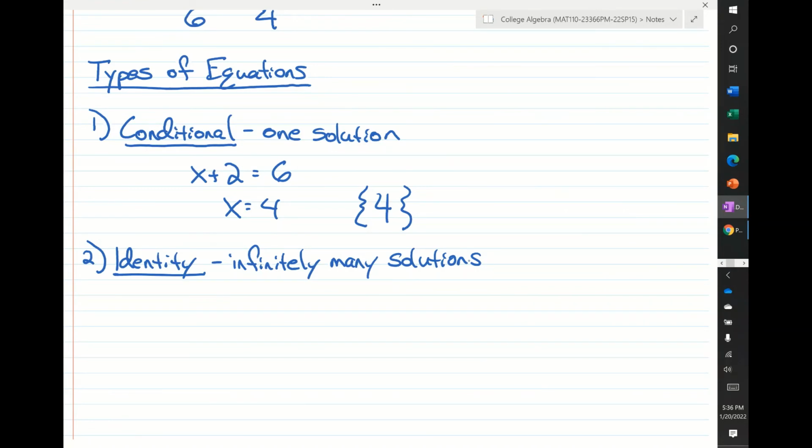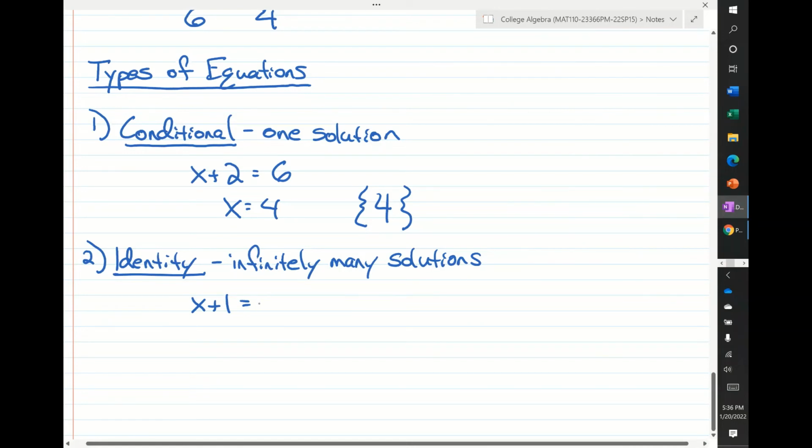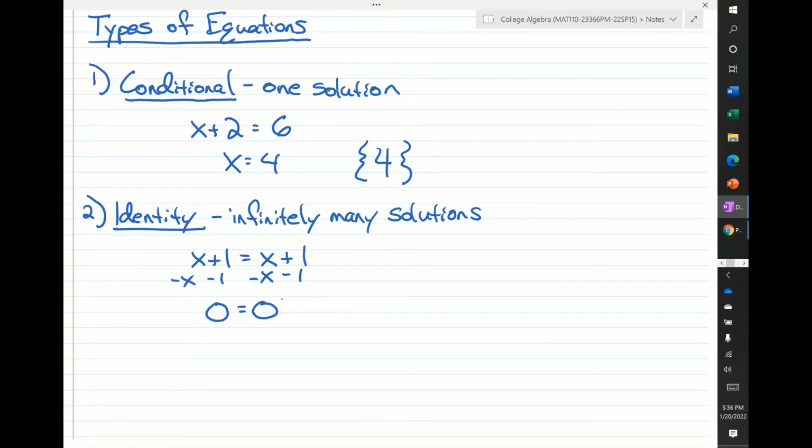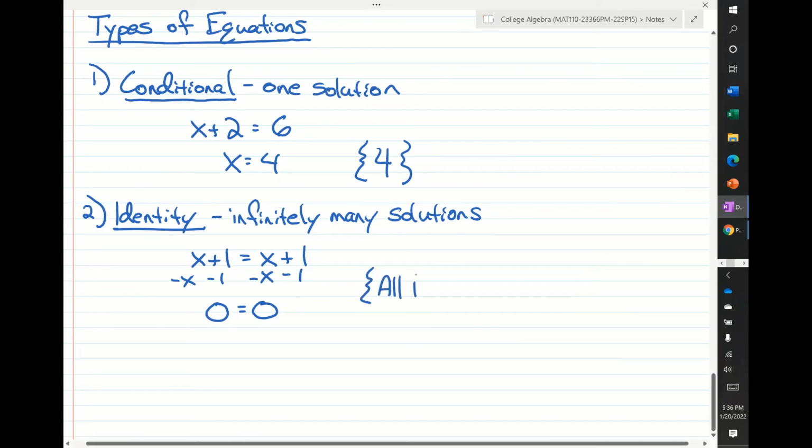So, for example, if you had x plus 1 is equal to x plus 1, what would happen is if you go to solve it, if you subtract the 1 on both sides and try to bring the x over, you'll get 0 is equal to 0. That's called an identity, right? The way you would write the answer is you would just say all real numbers.